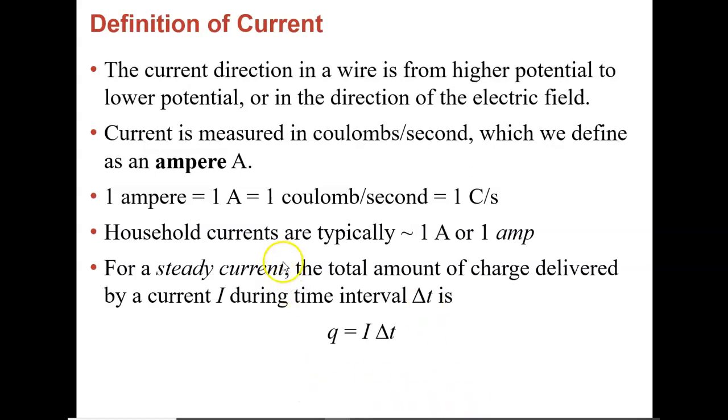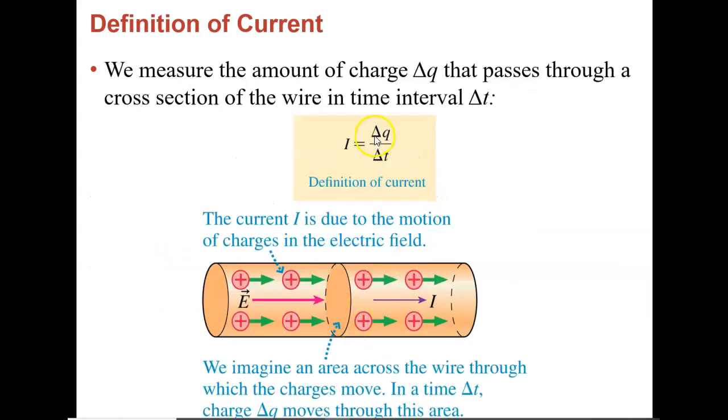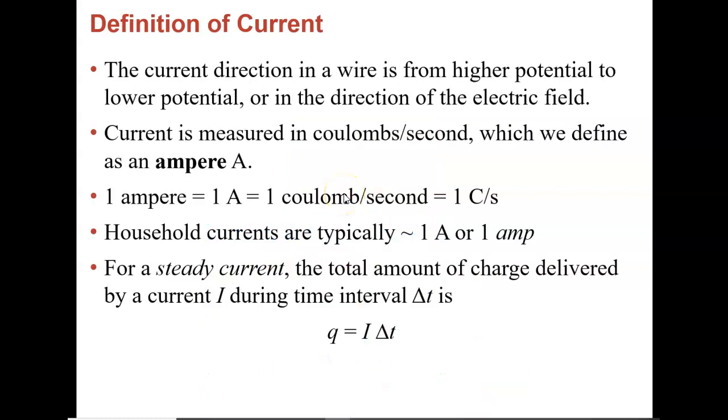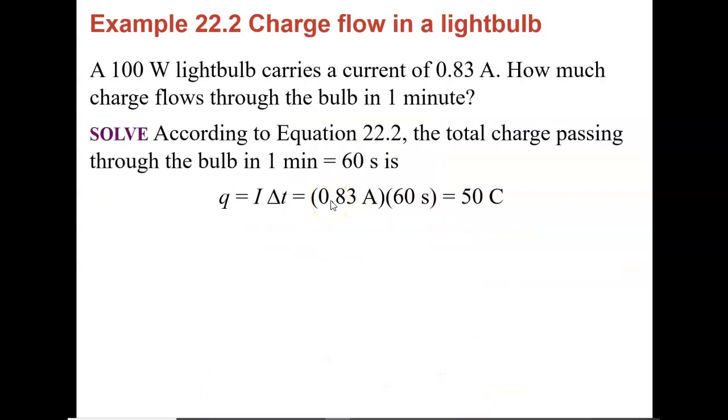For a steady current, the total amount of charge delivered by a current I through that time is Q equals I delta T. You can go look back to this, rearrange and solve for Q. So a 100 watt light bulb has a current of 0.83 amps.